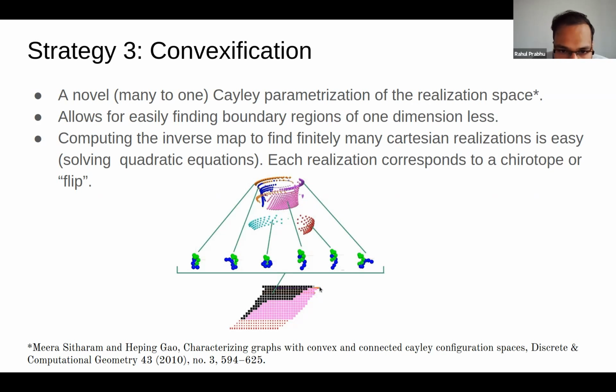There are some little gold colored ones here that correspond to these, but all these black configurations that I've shown correspond to configurations that belong to multiple of these different groups. So the Atlas's parameterization is a many-to-one map.